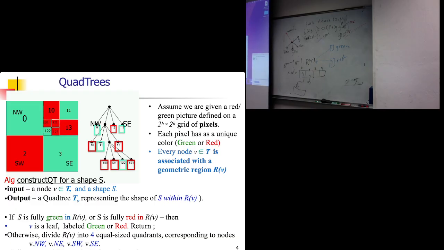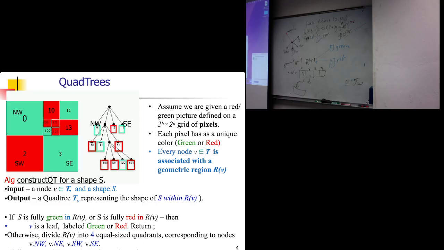So this point V will be the happy parent of 4 children, and I'll repeat it recursively for each one of the 4 children. For the northwest of the northeast quadrant, quadrant 1, 0, no reason to further split it because it's fully red. Same for 1, 1.